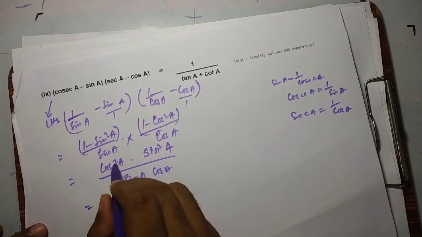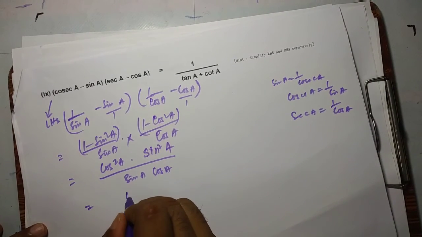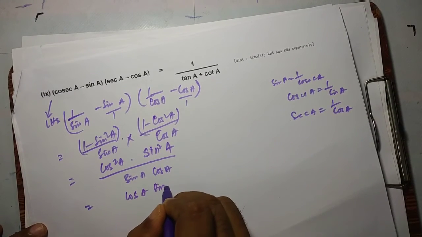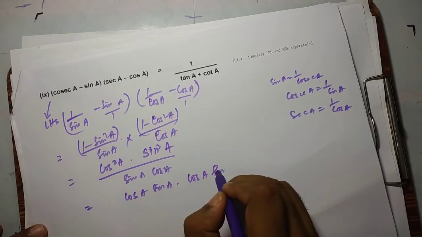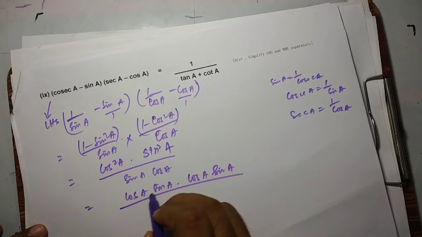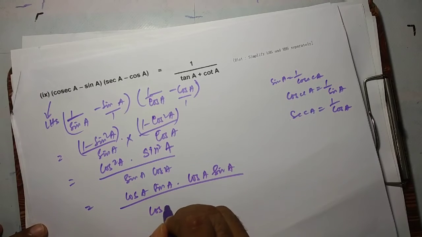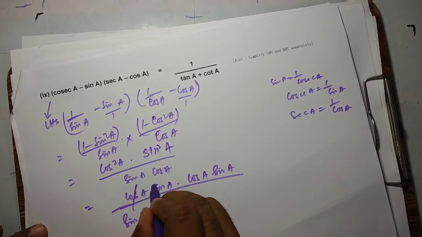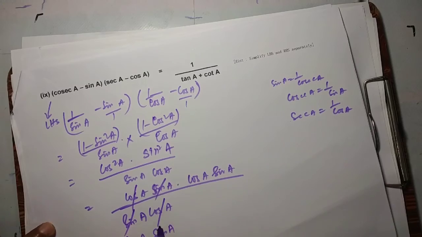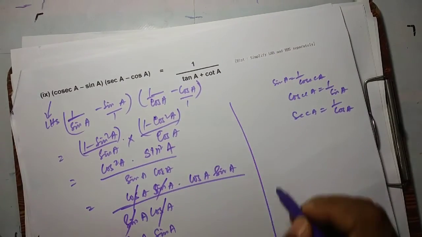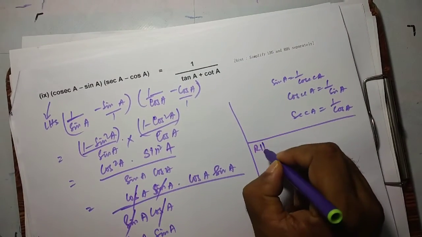So cos A sin A into cos A sin A, because this is squared, so I'll write it like this so that you can make it neutral: cos A sin A cos A. So one cos A and one sin A are neutral, so this becomes cos A and sin A. This is the left hand side in simplest form.